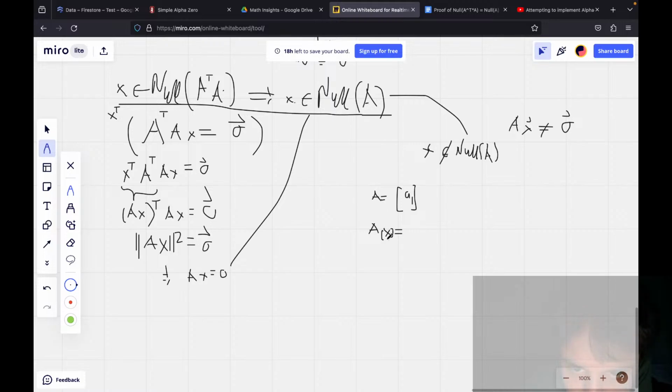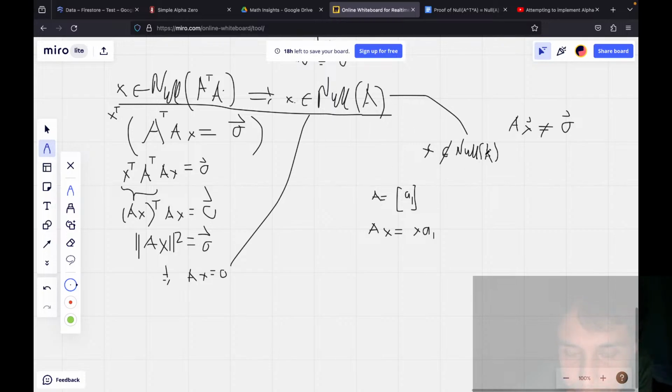So A applied to this 1 by 1 vector, Ax, would give you x a1. Oh, I'm so used to a_i. x a1, right? I can actually get rid of the parentheses around here. Just Ax equals x a1, right? That should be obvious. Like x is not in the null of that.